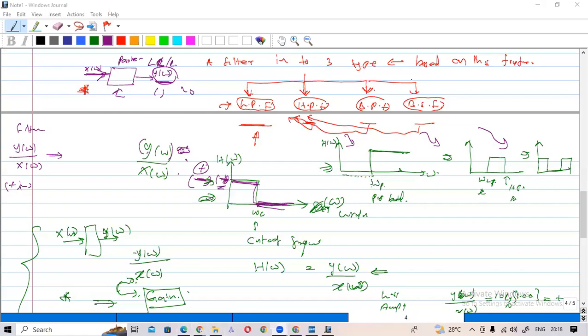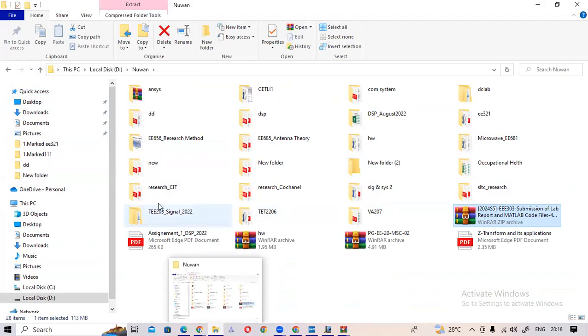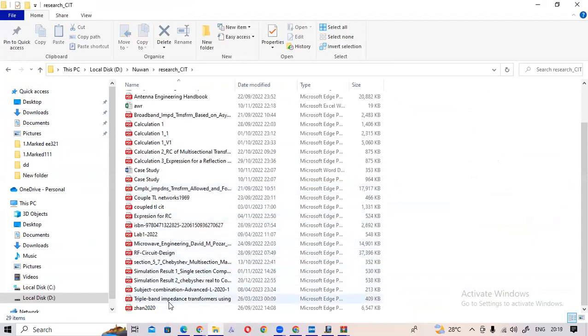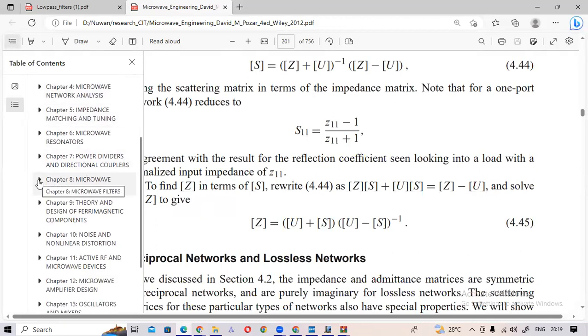I will share the screen again. If you consider our microwave book by David Pozar, you can see that chapter 8 is the microwave filter.